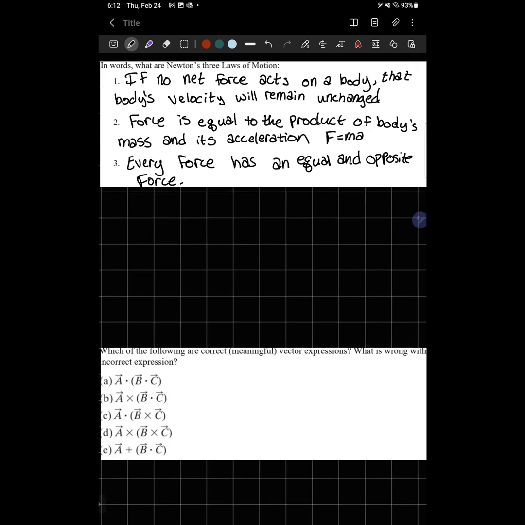The next part is just testing your understanding of dot and cross product. It says, which of the following are correct, meaningful vector expressions? What is wrong with the incorrect expressions? Looking at A, it says vector A dot open parentheses, vector B dot vector C close parentheses. Is that possible?